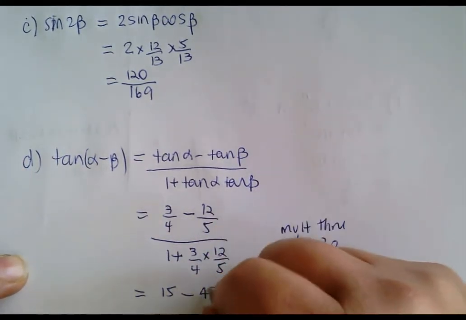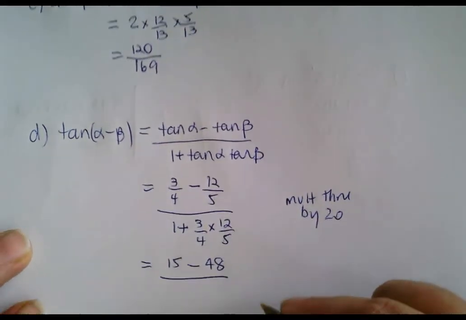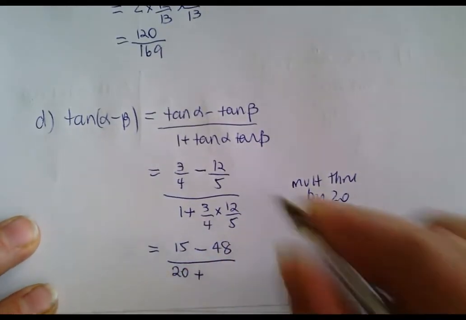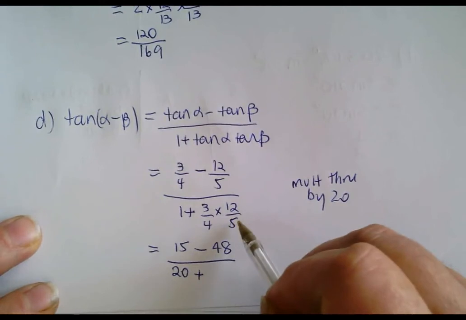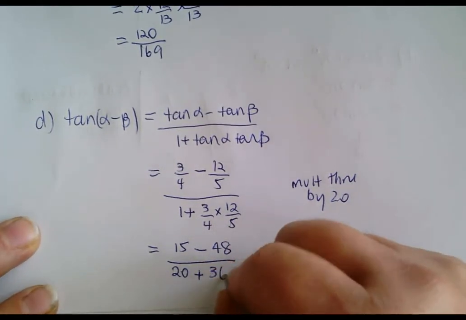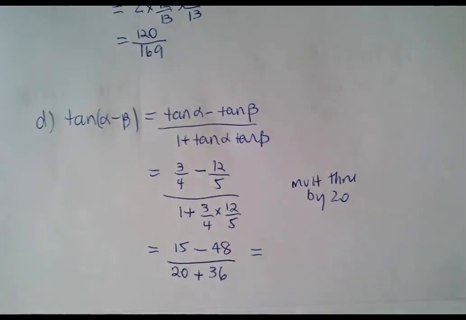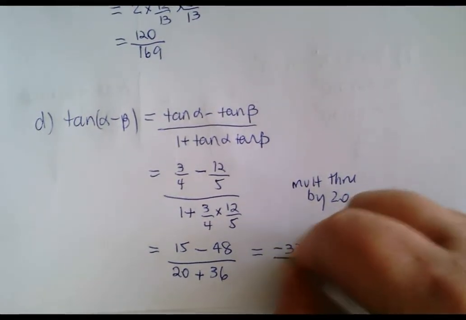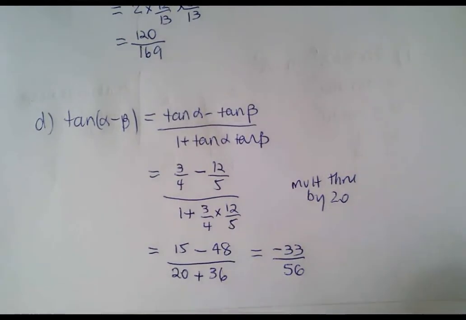That would be 48. And in the denominator, 20 plus, well, you just lose the denominator here if you times that by 20, plus 36. See how that's nice? So that's negative 33 over 56. Okay?